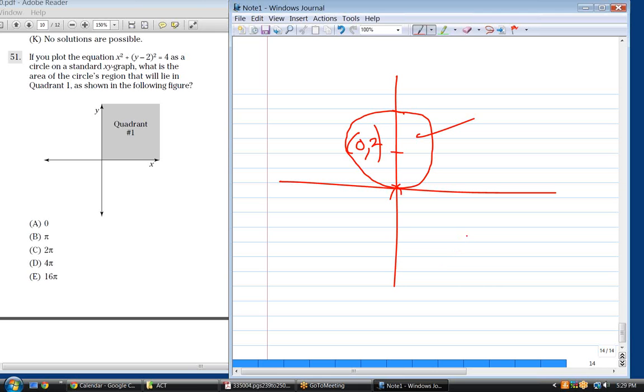The area of the circle is pi r squared. Well, r is 2. So 4 pi is the area of the whole circle. 2 pi is the area of the half that lies in quadrant 1. Okay.